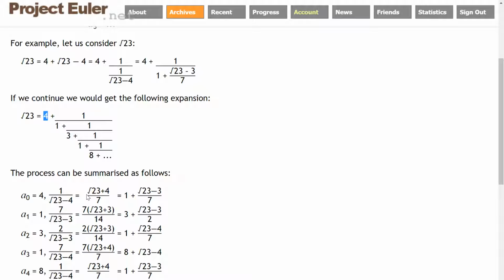Okay. So if we want to transform this to check if it's equal to this, we multiply the fraction by square root of 23 plus 4, in the top and in the bottom. Then it will be 23 minus 16. A minus b multiplied by a plus b equals a squared minus b squared.